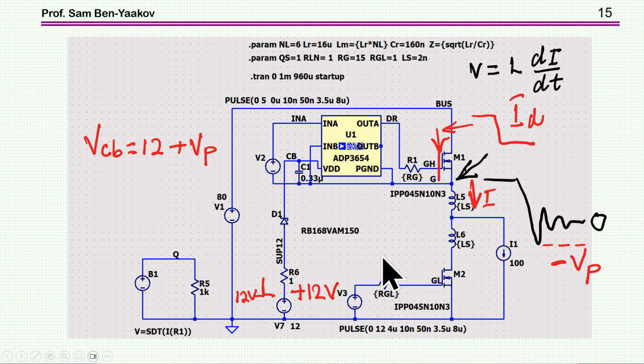You get information about it in the datasheet, that is how much a driver would tolerate. So you have to be careful, very careful, even in just silicon transistors, not even gallium nitride, that the voltage that you generate does not exceed the maximum allowable negative voltage for the midpoint of a high side, low side driver. So this is just a side note that one has to be careful about it.